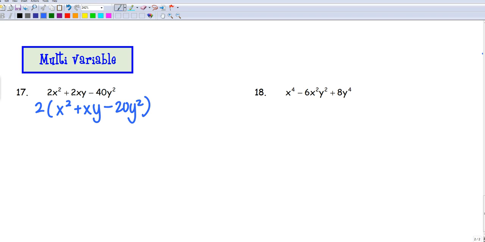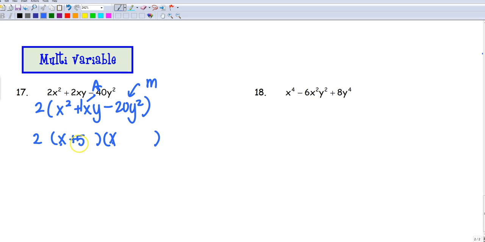And now this is still reverse FOIL because you have an x squared here. You're multiplying to negative 20y squared and you're adding to 1xy. So don't worry too much about the letters right now. Just worry about your first term. This times this needs to be x squared. So I'm going to put an x and an x. I'm multiplying to negative 20 and adding to 1.